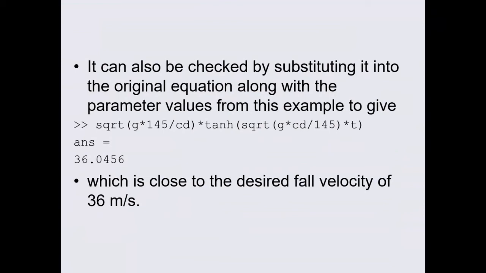It says we can also check it by trying to find the value of the velocity at the mass that we have, and it comes out to be 36.0456, which is close to 36 meters per second. So we can say that we have a reasonable value for the mass that we have found from the graphical approach.